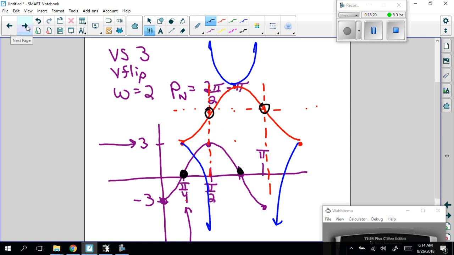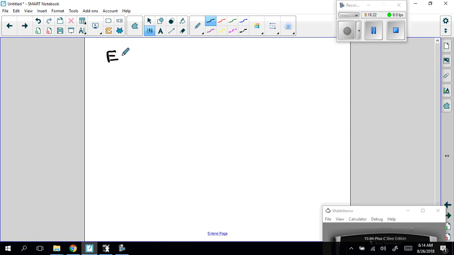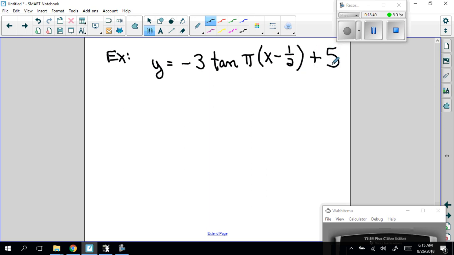Well, here we go. Example. Y equals negative 3 tangent of pi times (x minus 1/2), plus 5. The vertical scale is 3. There is a vertical flip because of the negative on the 3.